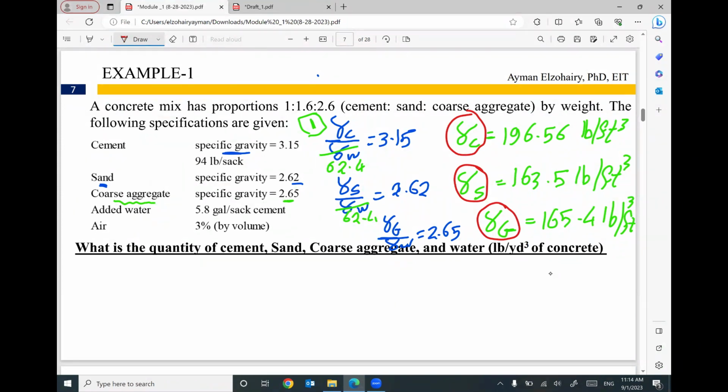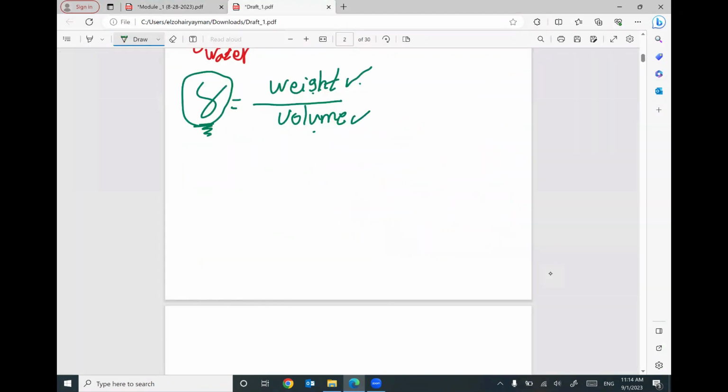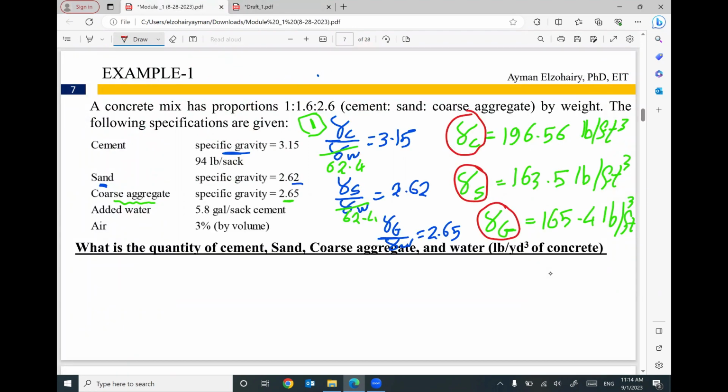And keep in mind this unit weight, which is gamma, can be used to convert. If you have the weight, I can figure out the volume. If you have the volume, I can figure out the weight. Any questions so far from the first step? It's not a concrete course. It's something related to hydrology or hydraulics or material properties.